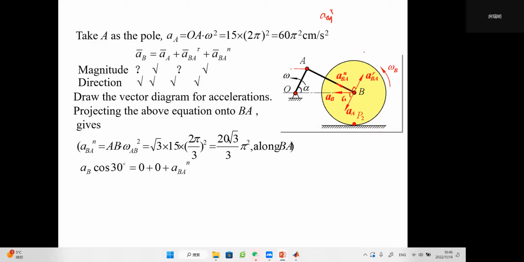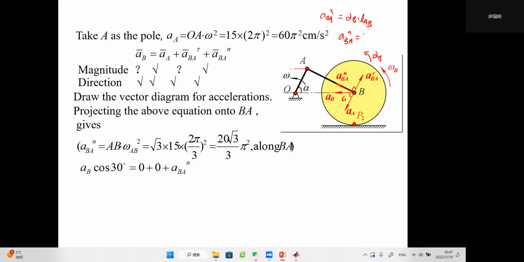So if we assume that alpha B is along the same direction as omega B, then ABA tau will equal alpha B times LAB, right? So its direction will be along this direction. Another is ABAN, the normal part of this ABA, right?